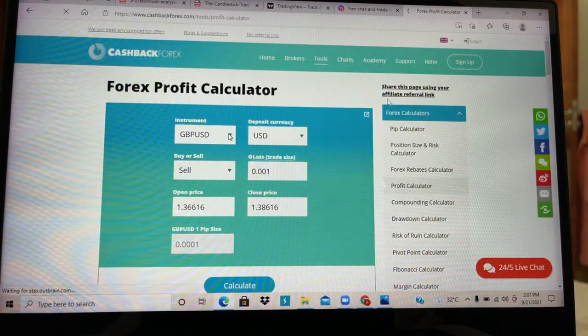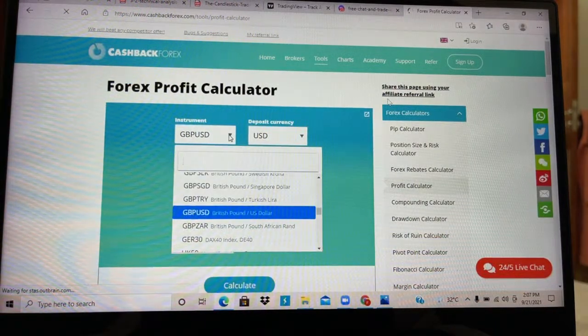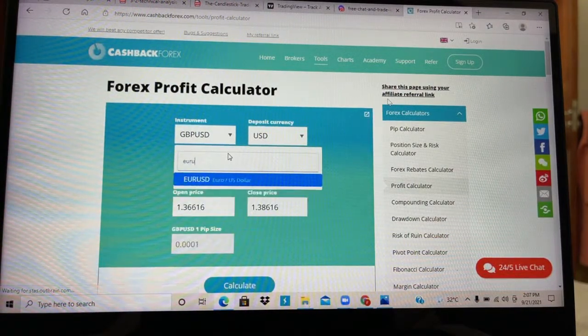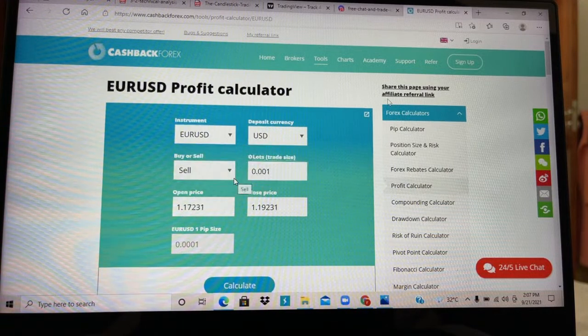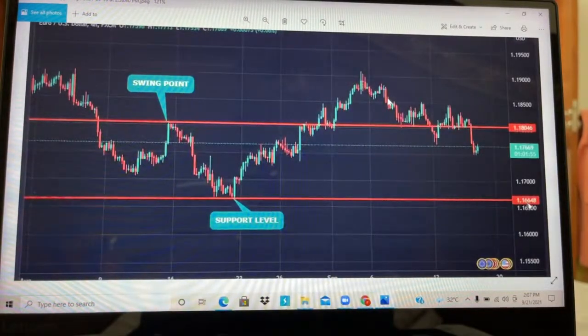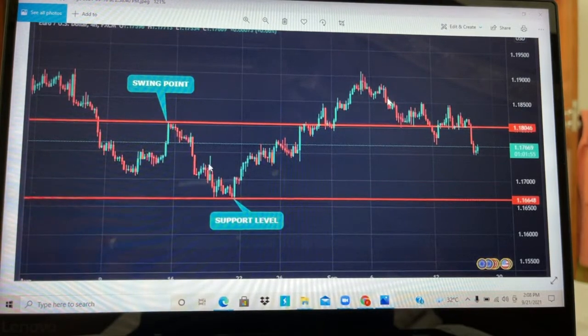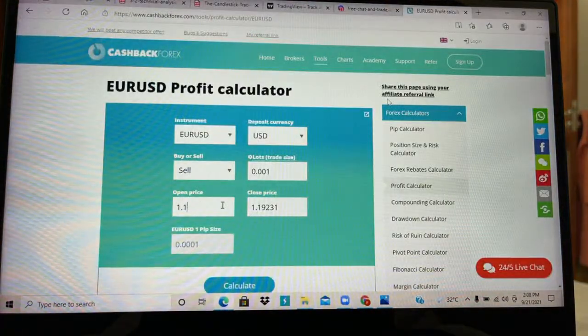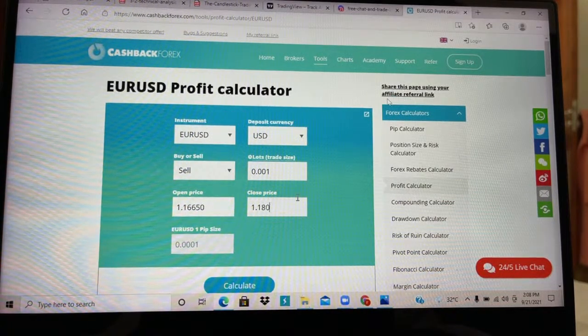That pair was Euro USD, and we saw the entry was roughly 1.16650 and a close of 1.18050.